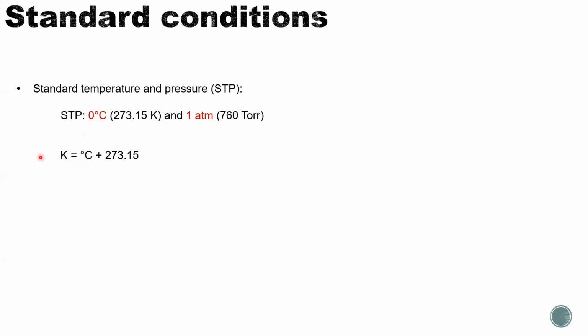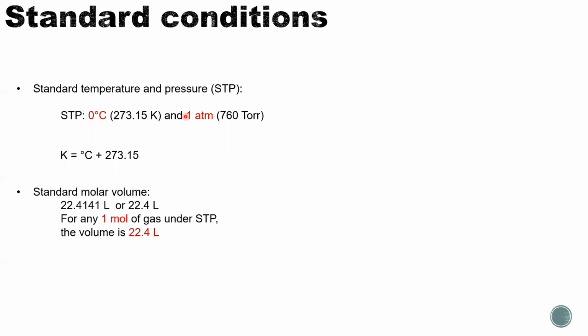So just a reminder, when you need to convert temperature in degrees Celsius to Kelvin, you need to add 273.15 to the value of degrees Celsius to get the Kelvin. Okay, and for gas under standard conditions, because the temperature and the pressure are fixed, PV equals nRT, right?